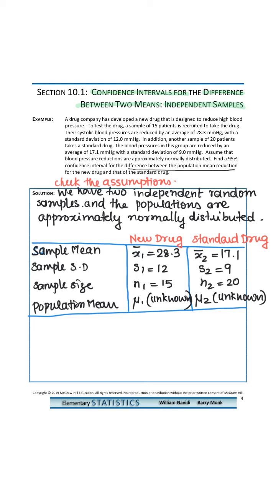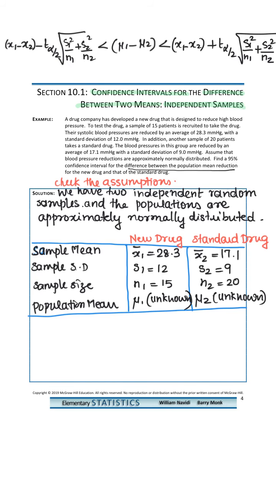So the difference between the means, mu1 minus mu2, is between this, the point estimate, and this, the margin of error. Same thing here, point estimate and margin of error.